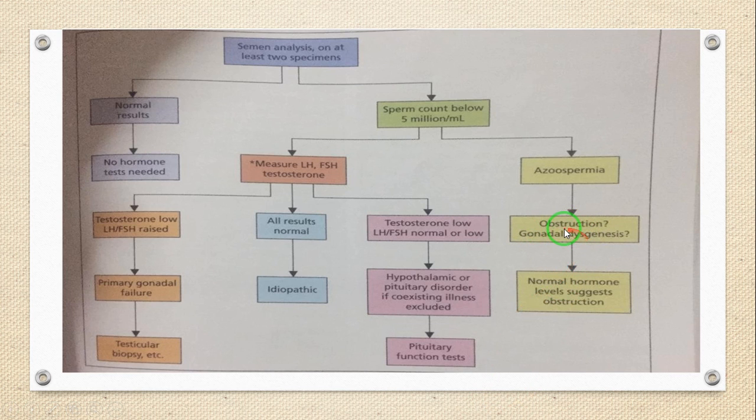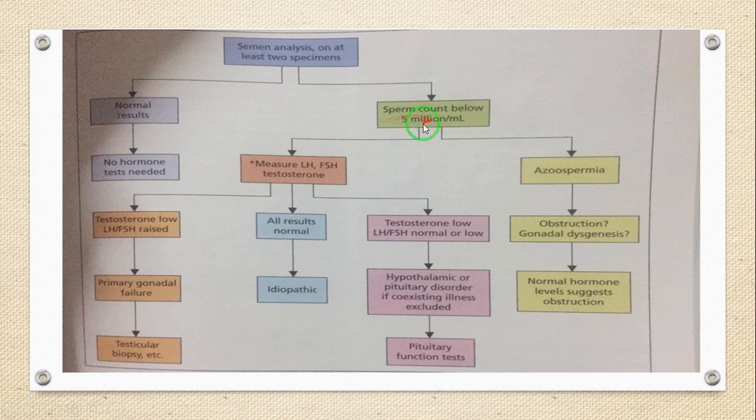To differentiate between these 2 conditions, if the hormones are normal, meaning testosterone, FSH and LH, then the synthesis is normal but there is obstruction to the outflow. Otherwise, it means that there is dysgenesis in case of azoospermia.